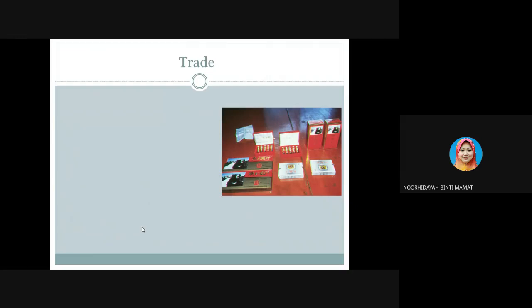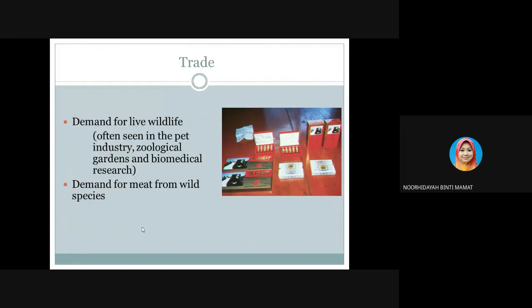So, trade. The demand for wildlife is often seen in the pet industry, the zoological gardens, and also biomedical research. So this is the demand for wildlife.